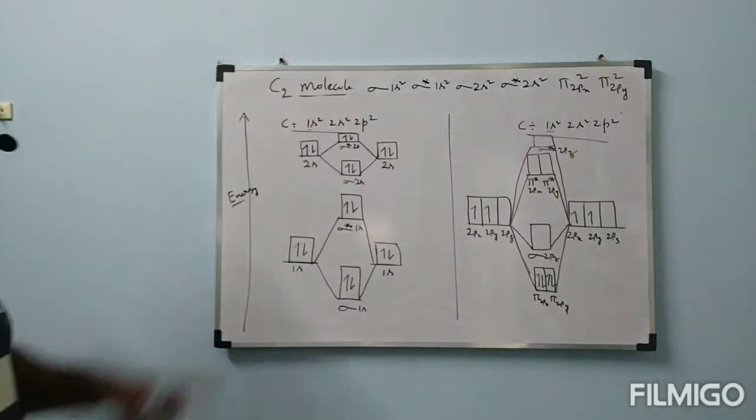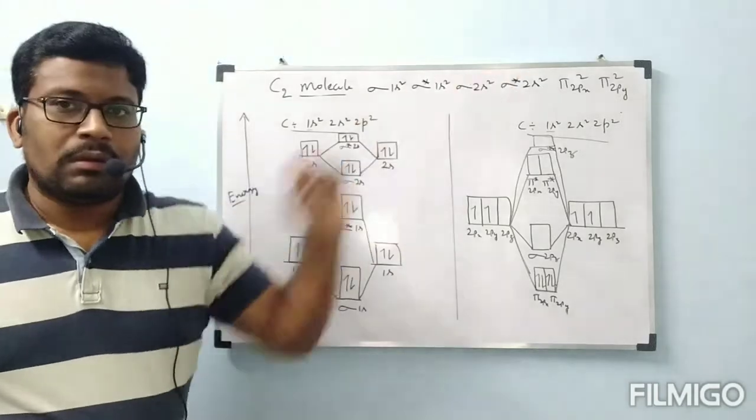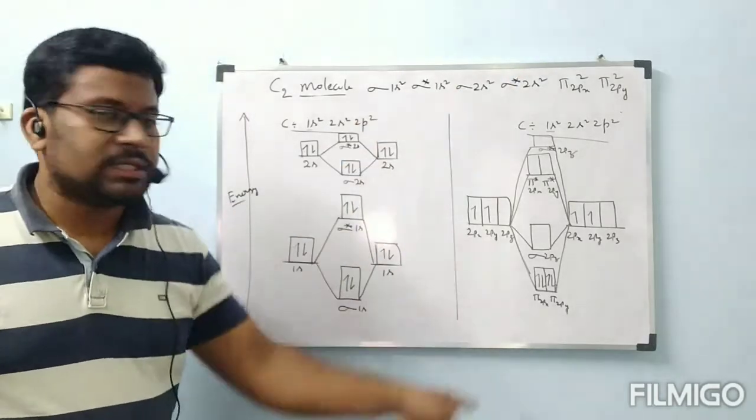That is the electronic configuration of the C2 molecule. This is the diagrammatic representation.